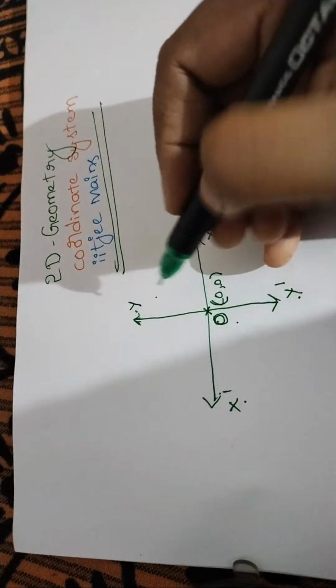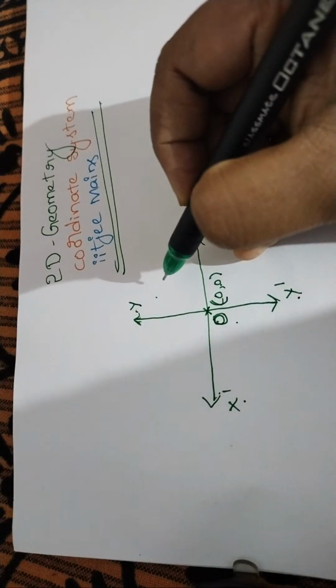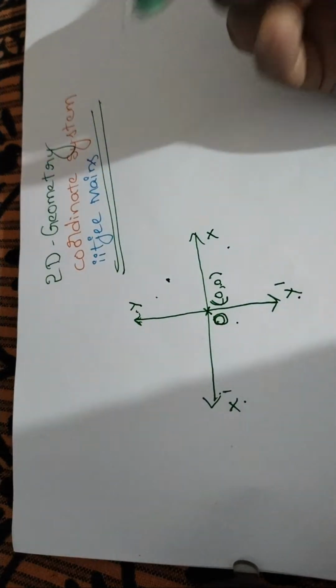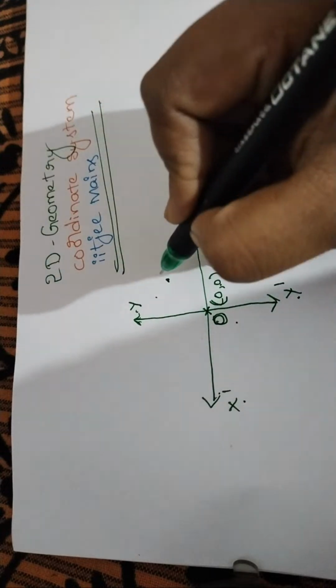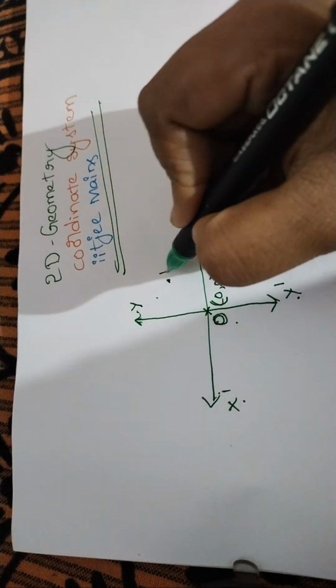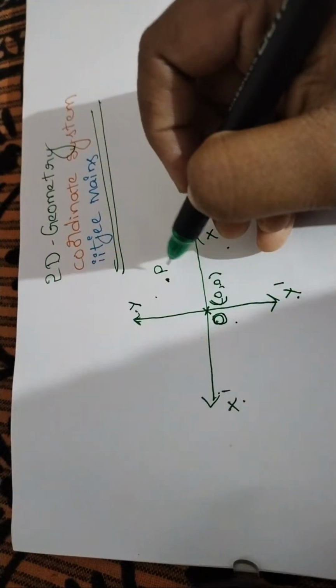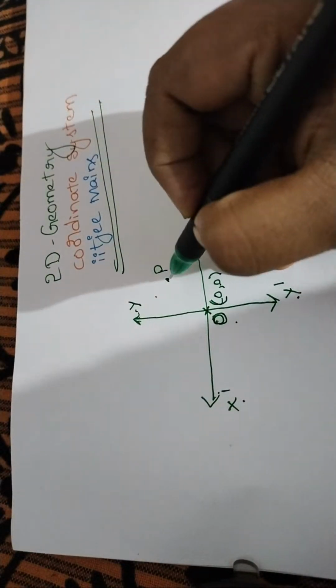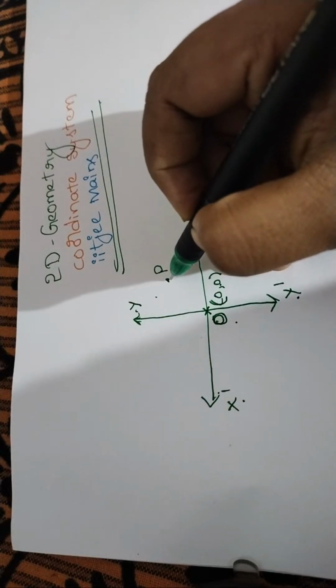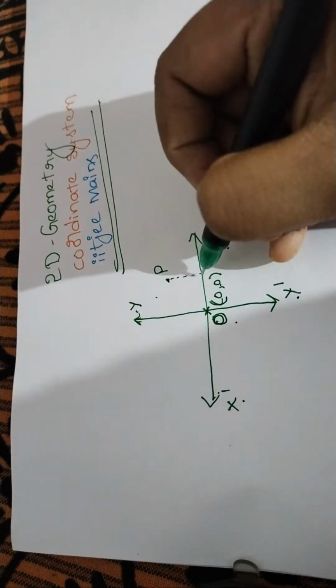And now suppose I am taking one point here. Suppose I give the name P to the point, and this point has some height from the x-axis.